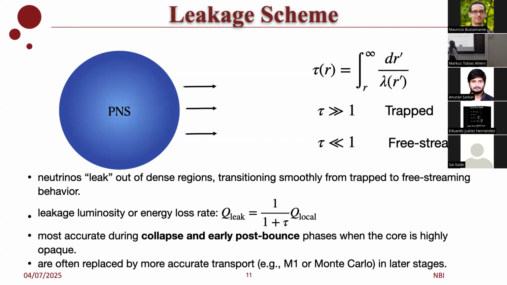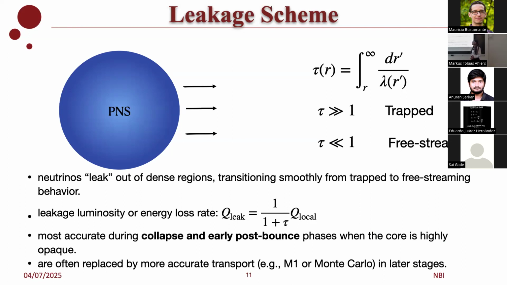So in this region somewhere closer to the neutrino sphere, neutrino mean free path is quite small. So we have kind of a trapping regime where neutrinos are trapped. As you go farther out, you will reach the region where neutrinos are free streaming.